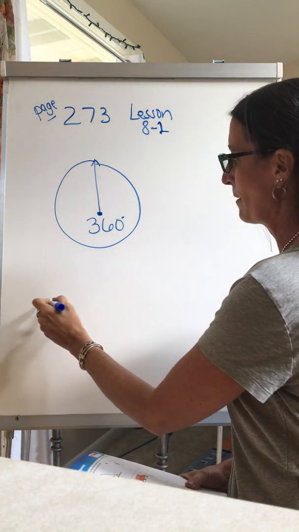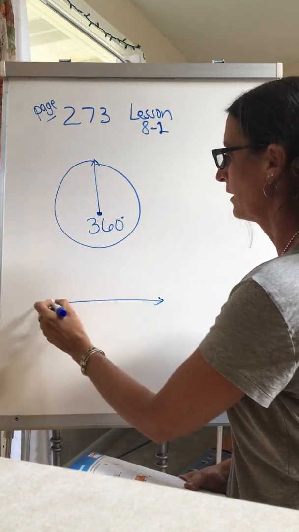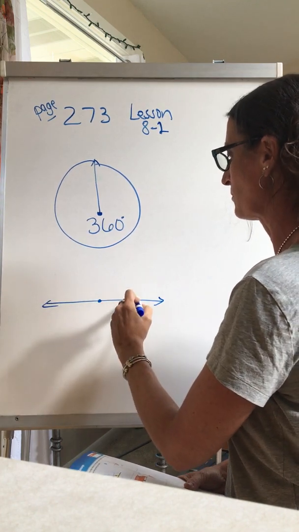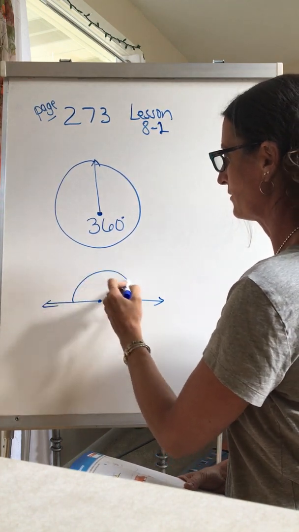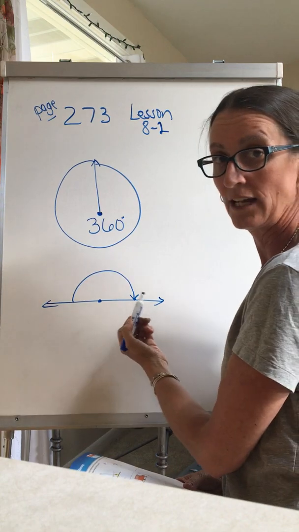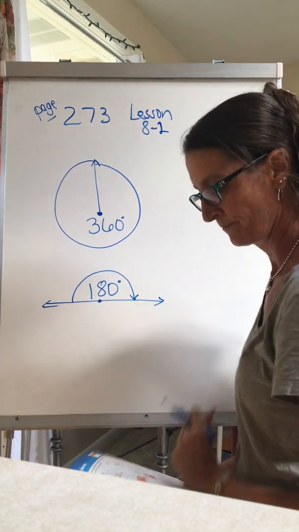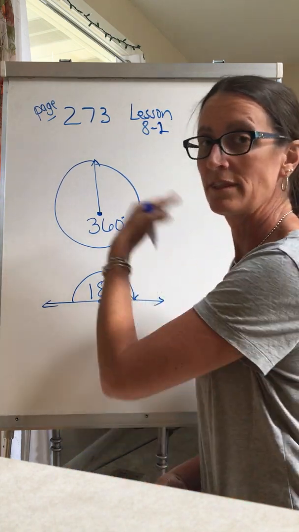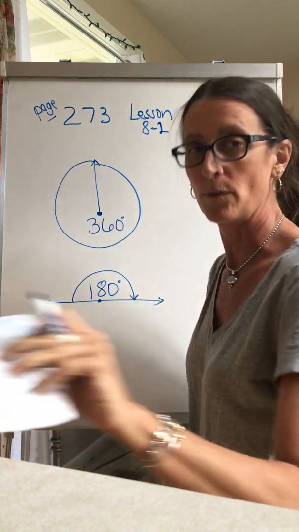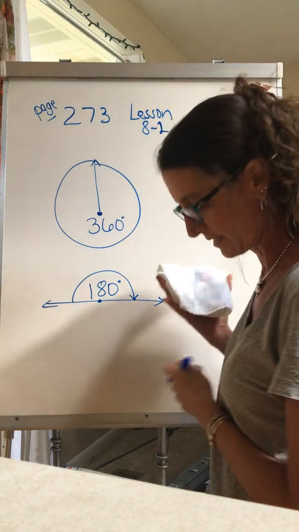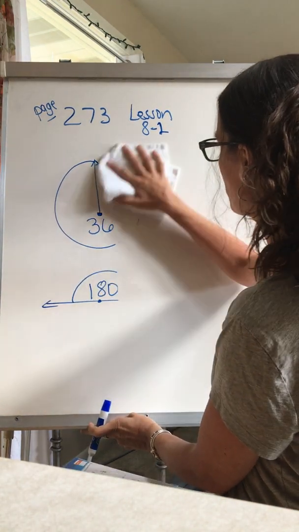And we need to remember that if we have an angle measurement from one side of a flat line to the other side, that full angle is 180 degrees. Okay? So using that information, we can create equations to solve the different angle measurements of everything on page 273.